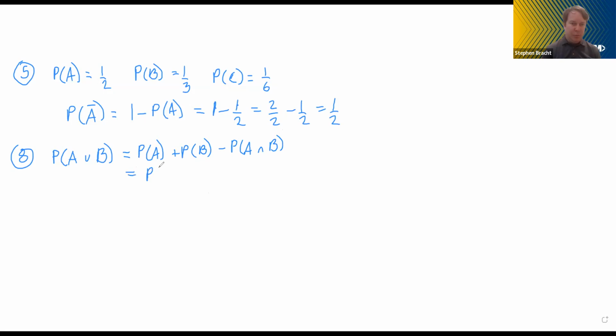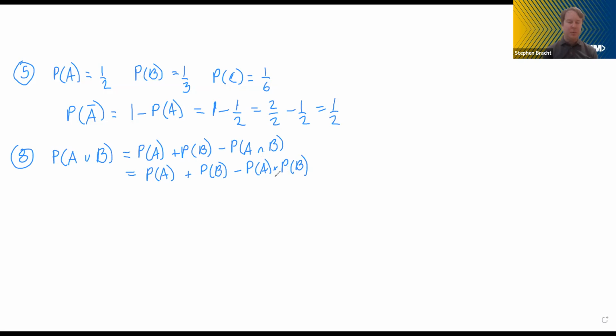Okay. This can be further simplified in the following way. The probability of A intersection B can be written as just the product of P of A times P of B. The reason for that is because the problem specifically tells us that events A and B are independent.